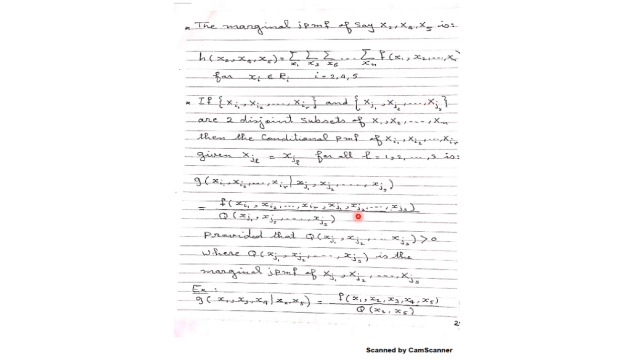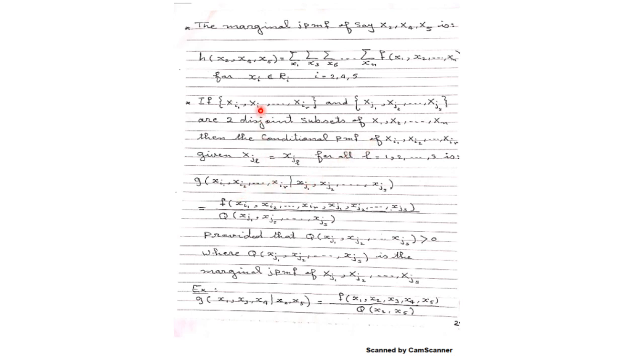And this subset here is x2 and x5. So now we say if these two are two disjoint subsets of x1 up to xn, of course, there are no common random variables here, then the conditional probability mass function of the first one given this will be what?